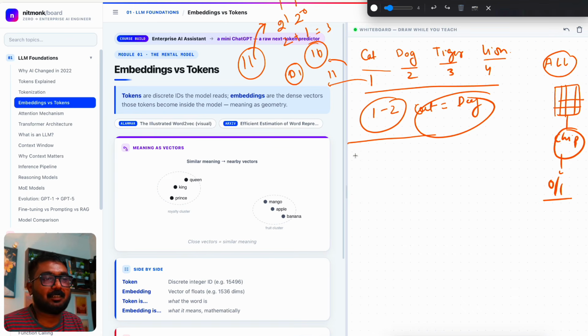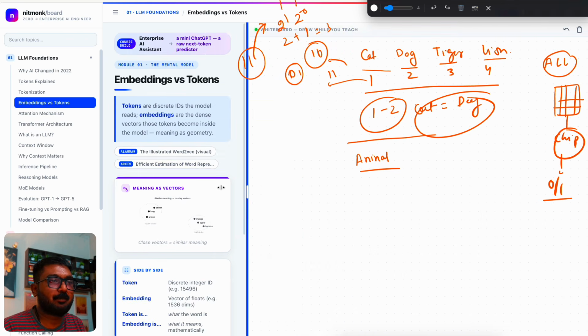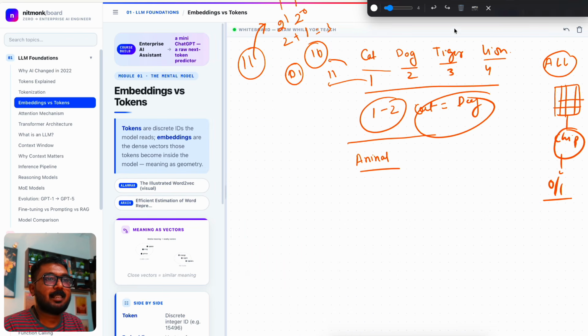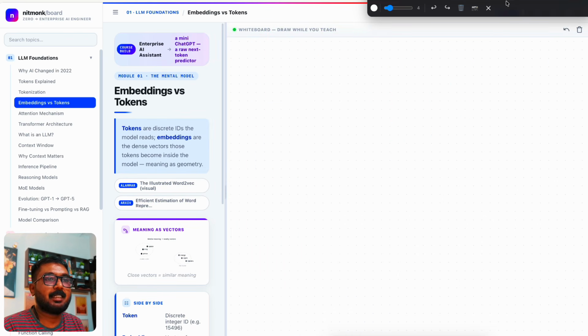So let's do the feature extraction. We will build a table. First there was cat, dog, tiger, and lion. This is one, two, three, four.